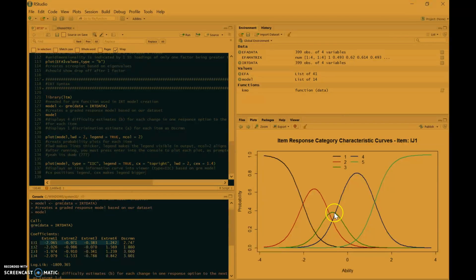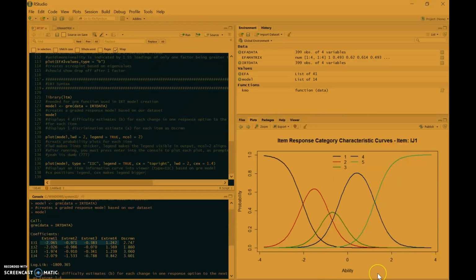The 3 window is actually pretty small. It's a difference of less than 0.6, about 0.559, because that's the difference between these two. And then people start to respond with 4. And then finally the last one, where they're more likely to respond with 5.